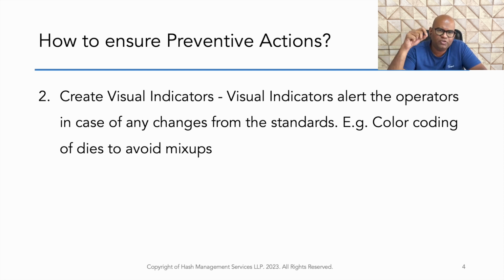So have some visual indicators where people can follow it easily on the shop floor, right? So these are all things which you can do. The second point, color coding of dies. For example, if there are multiple products and people generally mix up the dies and punches, you can give some color coding. So these are all some simple ways to prevent the defects from arising. This is the second point.